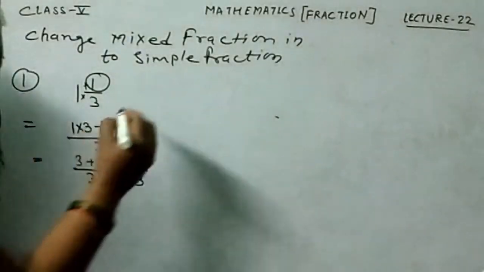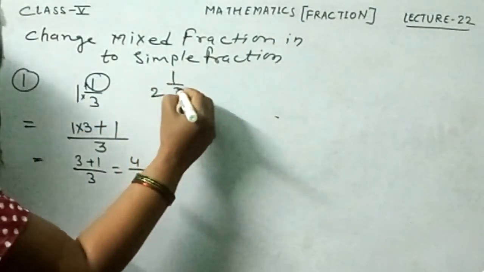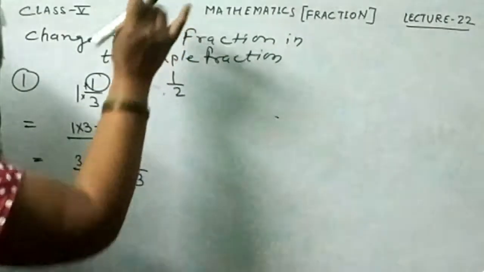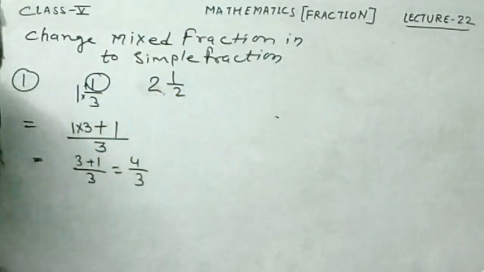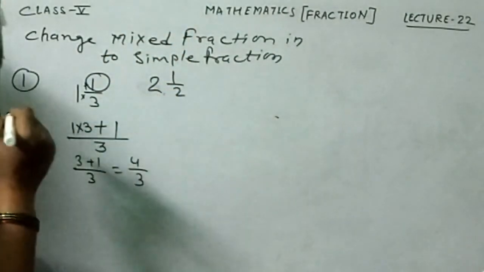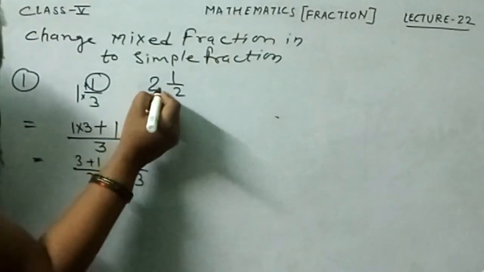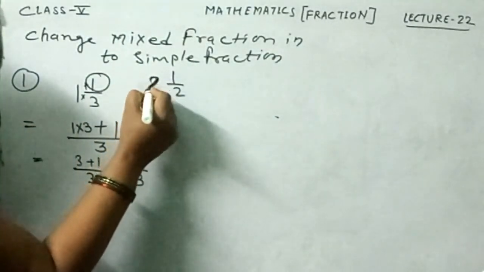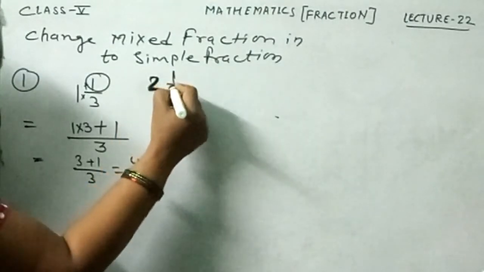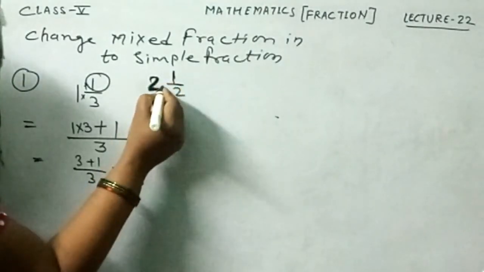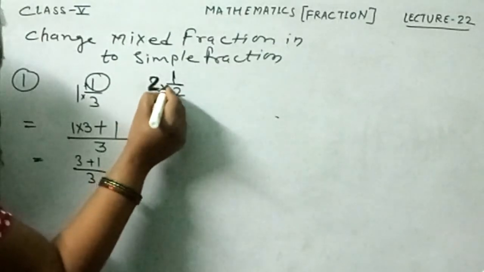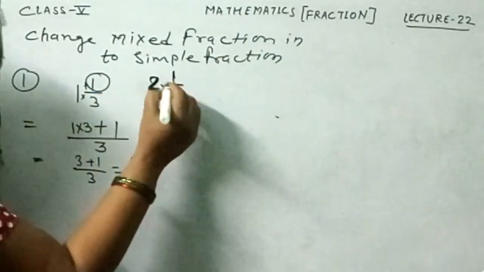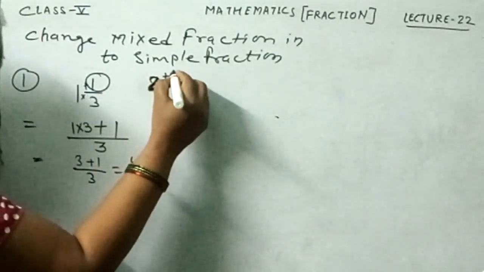One another question I am taking: 2 1 by 2. How to remember in your mind? See here, this one is the complete integer and this one is the fraction. You have to multiply with this 2 and afterwards add the upper number.